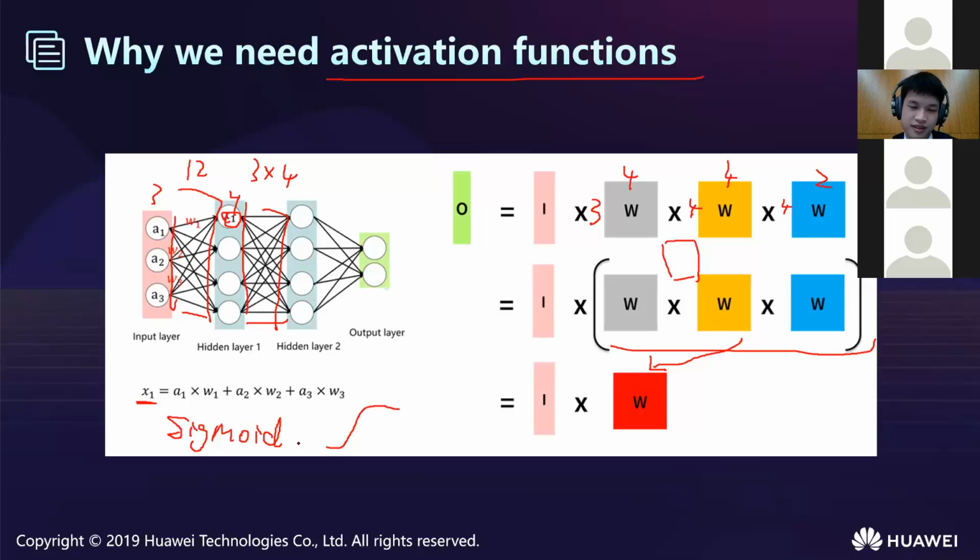The sigmoid is this one. We put x1 into the sigmoid function, and then we get a new value. We put the new value into this new neuron, and that is the final value of this neuron. Okay, can you understand?